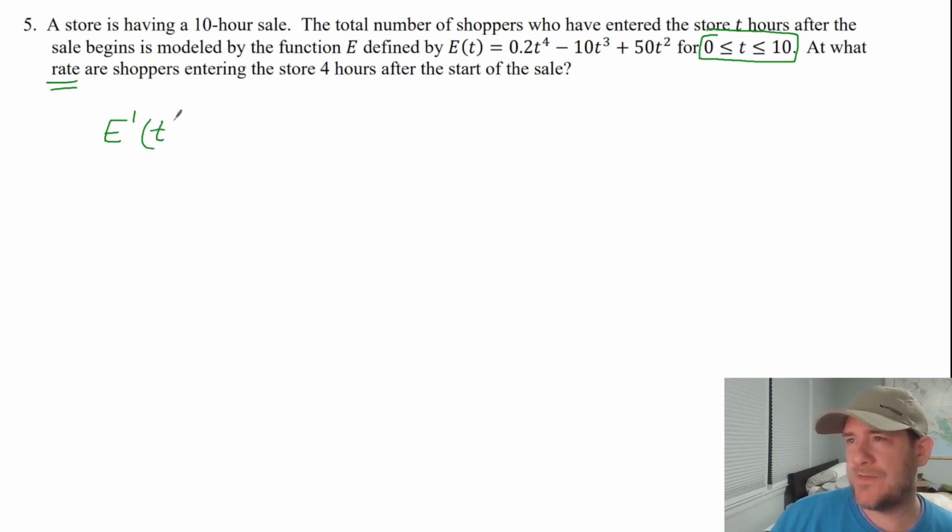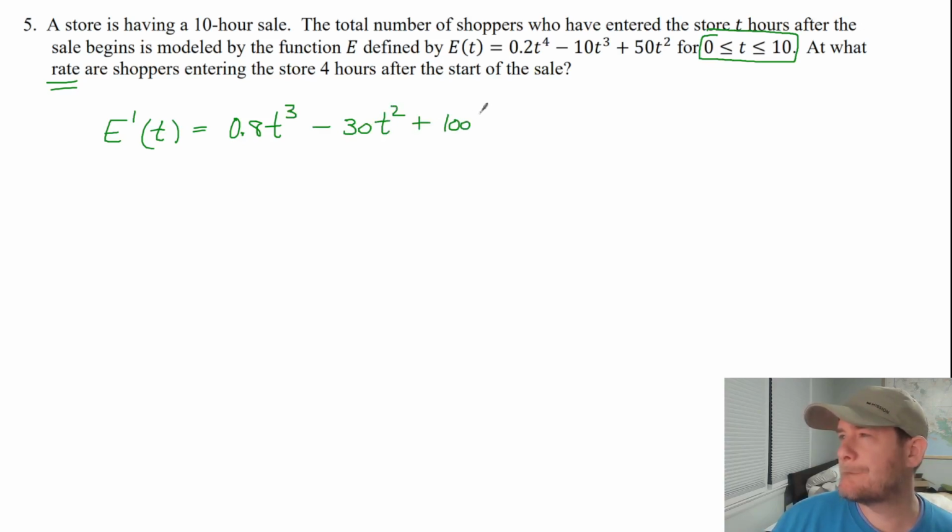So before we do that, though, let's find e prime of t in general. And that's just all regular old power rule. This is going to be 0.8 t cubed and then minus 30 t squared plus 100 t, and that's the whole thing, I guess.